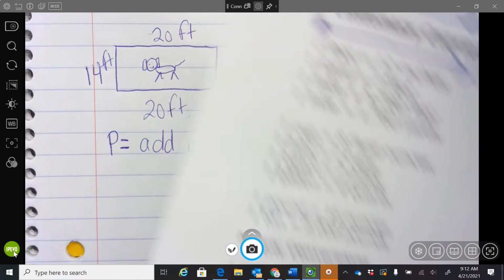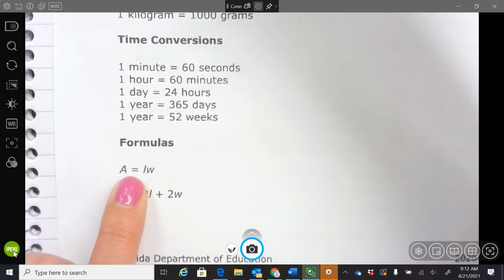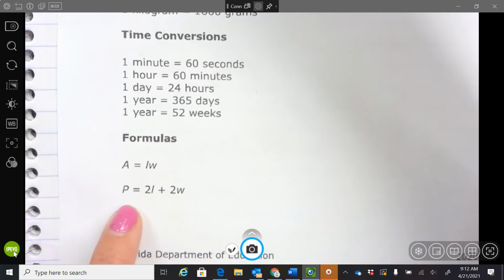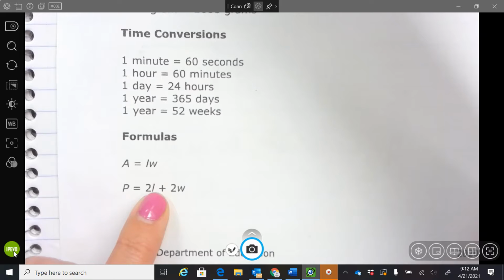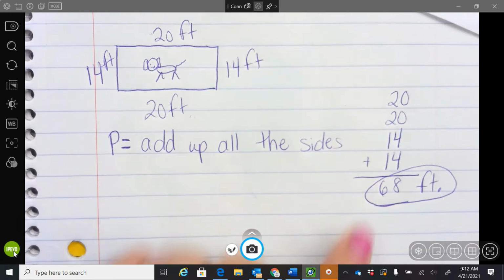Our formula is actually on our sheet, so the formula is down here. A is for area, which we'll talk about in a minute. The formula for P is 2 times length plus 2 times width. So it would be the same thing as this.